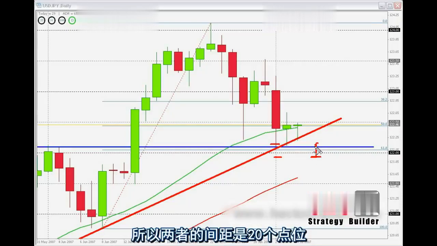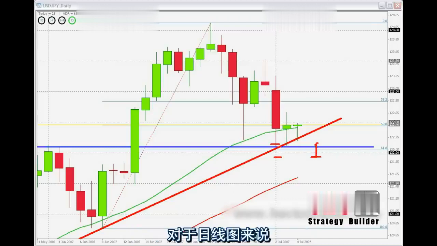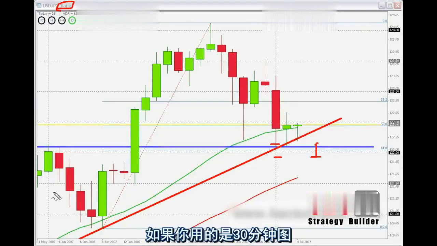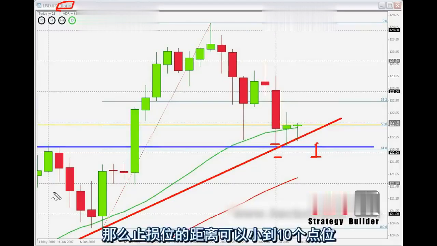That's very small considering we are trading off the daily charts. It's pretty tight. Actually, if you were trading off the 10-minute or 30-minute chart, that stop loss can be reduced to even 10 pips.